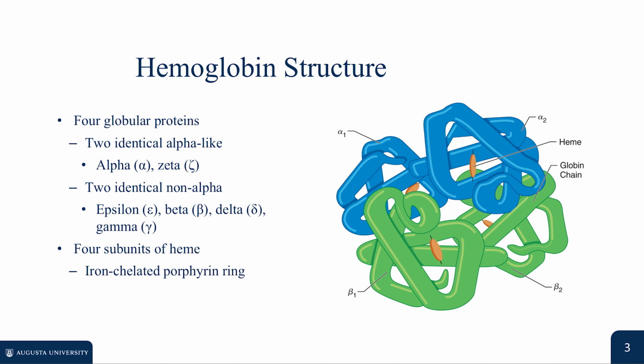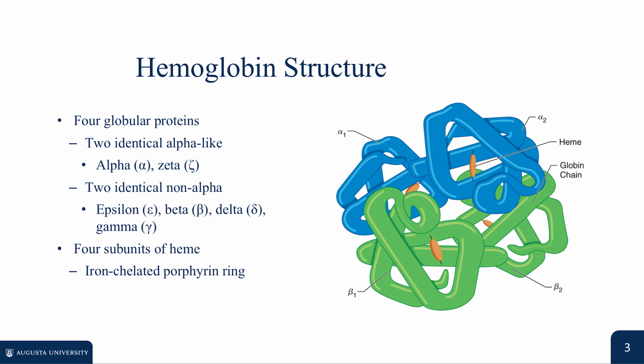The 4 globin chains are arranged as 2 identical alpha-like chains and 2 identical non-alpha chains. The alpha-like gene cluster produces alpha and zeta chains, while the non-alpha gene cluster produces epsilon, beta, delta, and gamma chains. In normal adult circulation, the classic combination consists of 2 alpha chains paired with 2 beta chains.